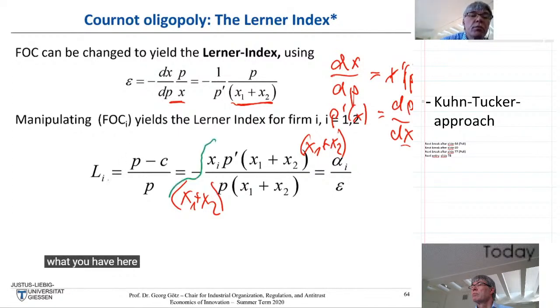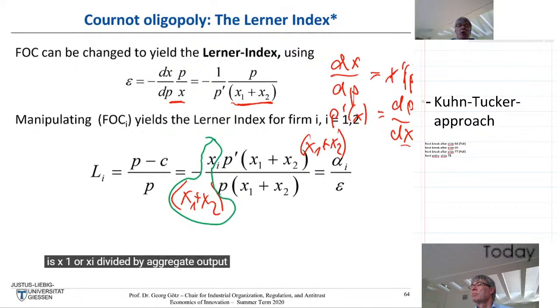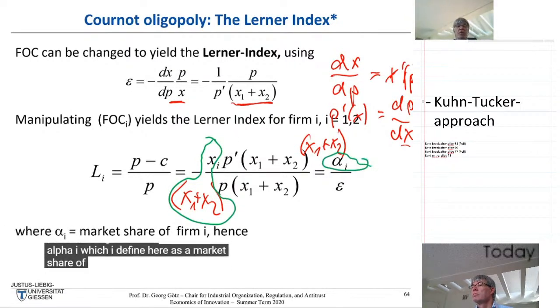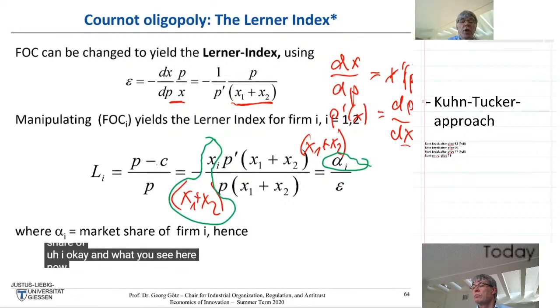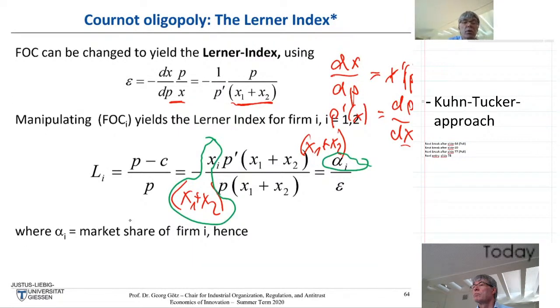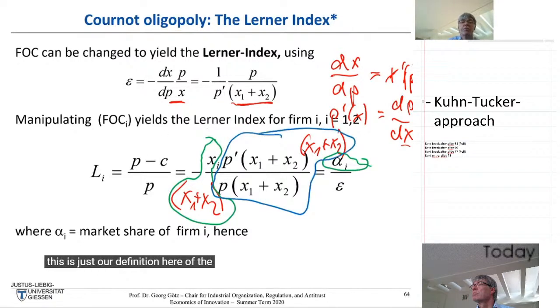What you have here is xi divided by aggregate output. That's nothing else than alpha i, which I define as the market share of firm i. And this is just our definition of the elasticity, actually of 1 over the elasticity.